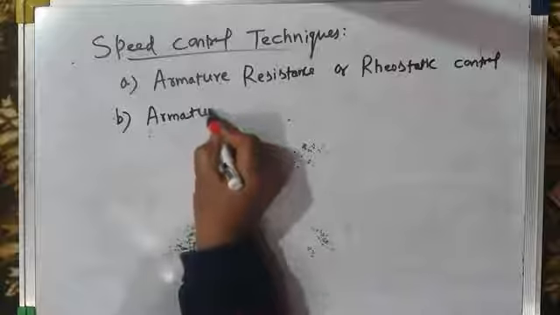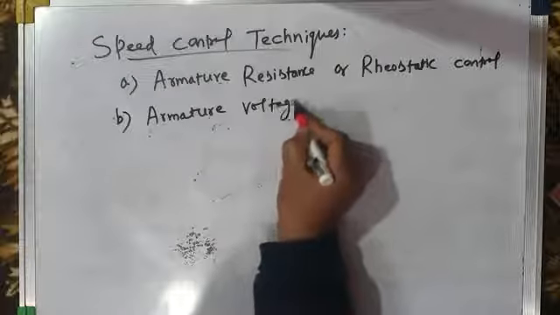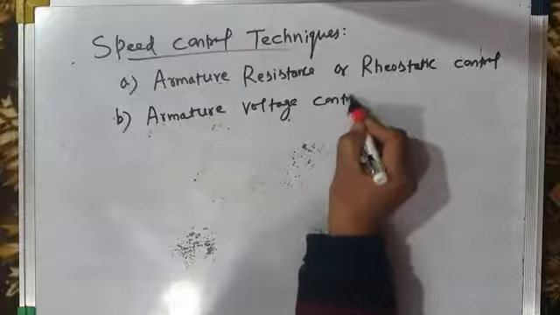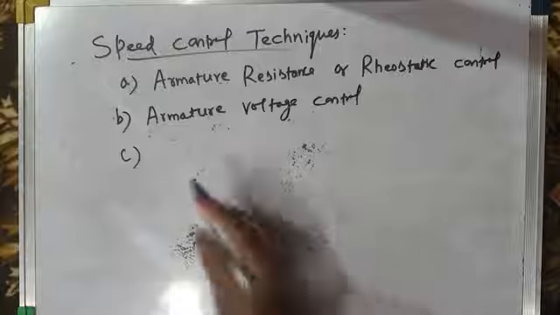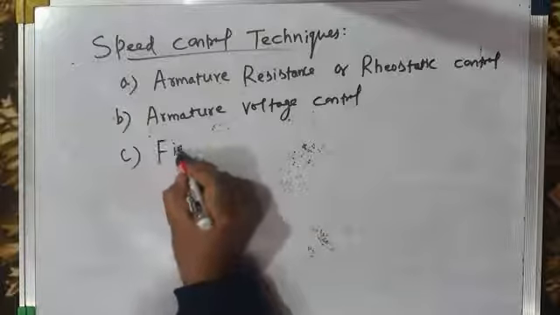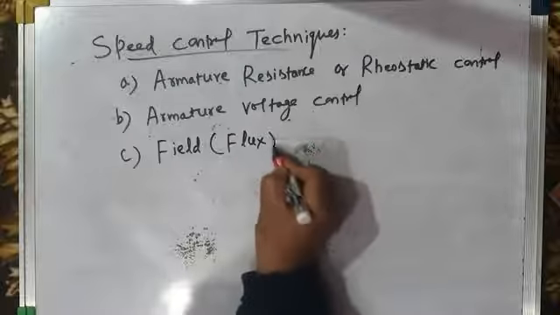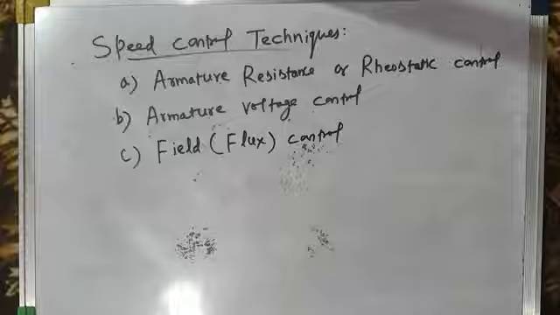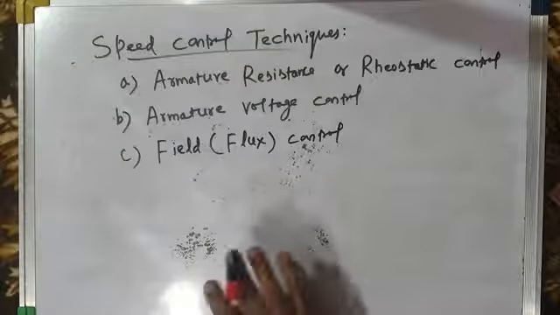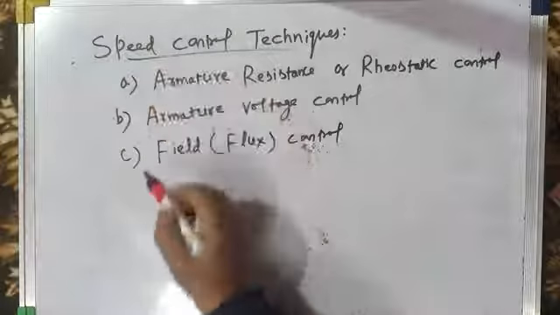And third is field current control or flux control method. So these are three methods by which you can control the speed of a DC motor. Let us take separately excited DC motor and see how we can control speed by these three methods.